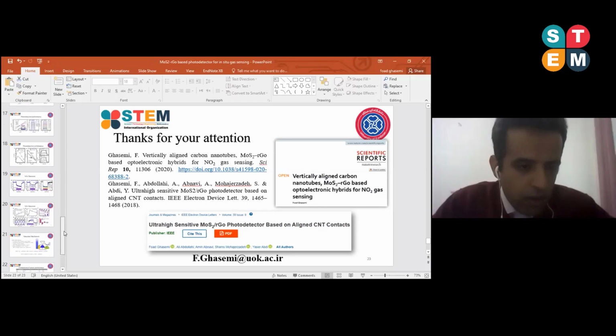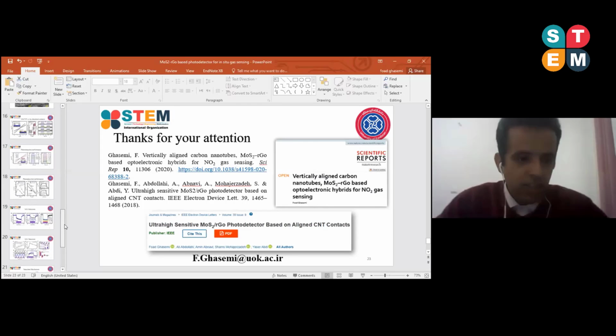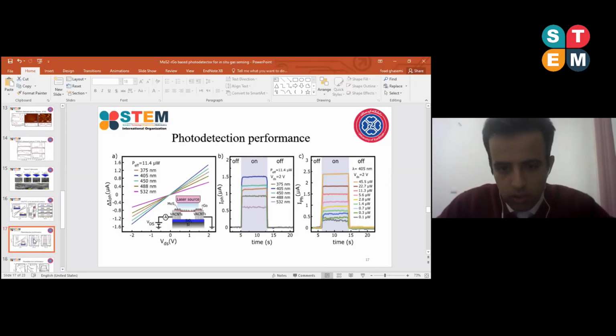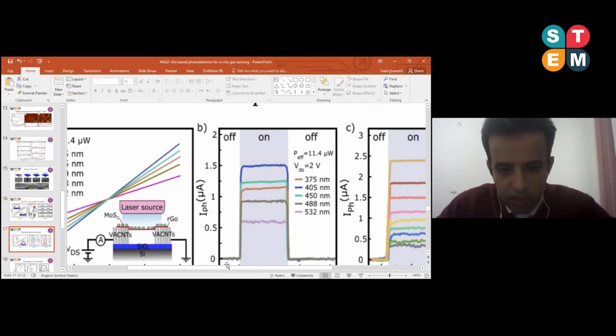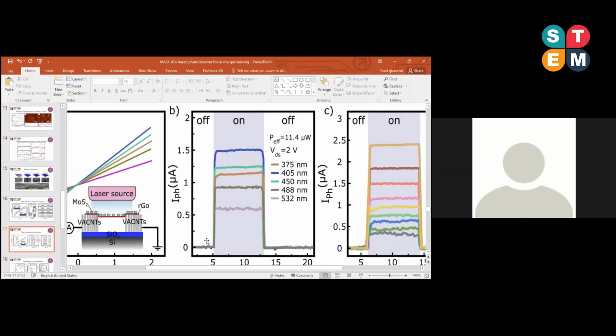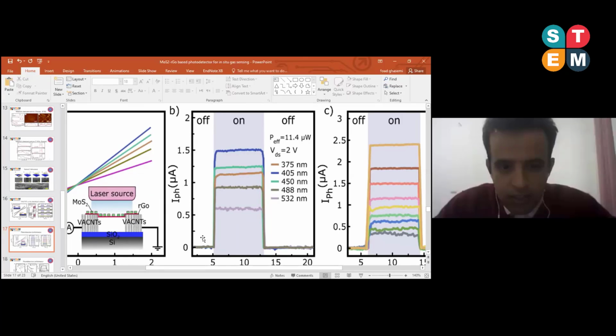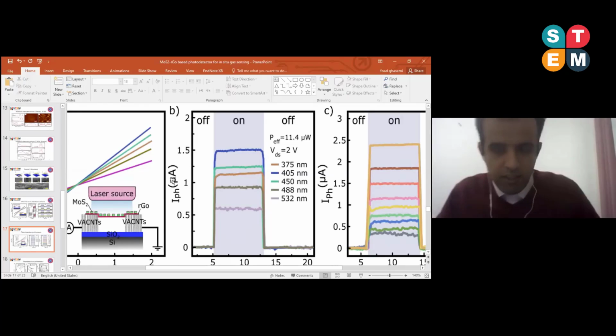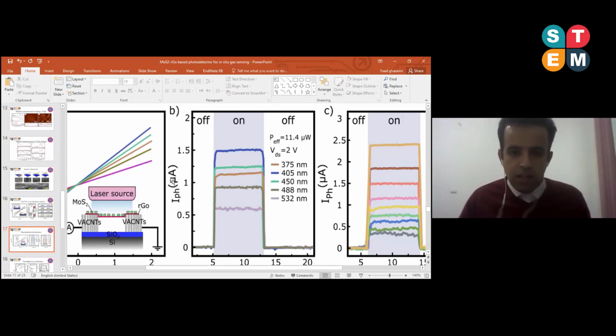Yes. Actually, we haven't measured the signal to noise. But in the case of switching, after irradiation we have, for example, around 1.5 microampere increase in the current compared with the dark state.